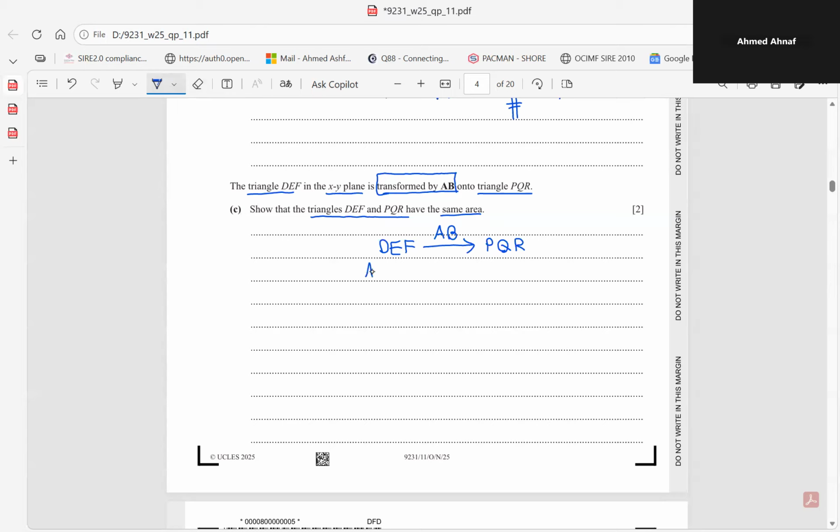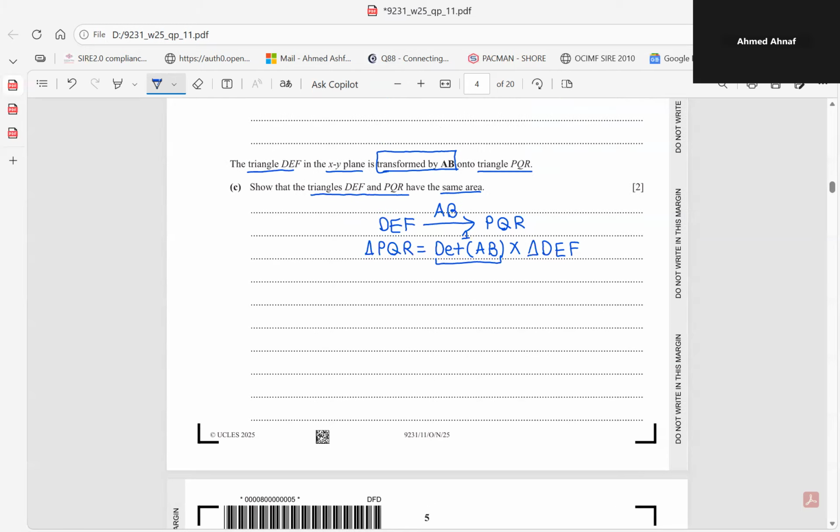So the area of PQR is just the determinant of AB times the area of DEF. If they have the same area, that means the determinant of AB has to equal 1. So you basically have to prove that.